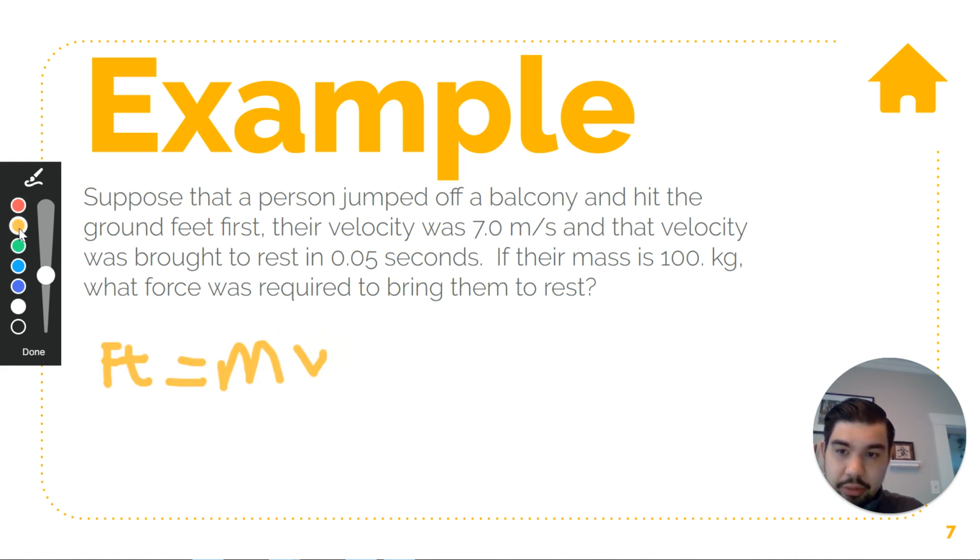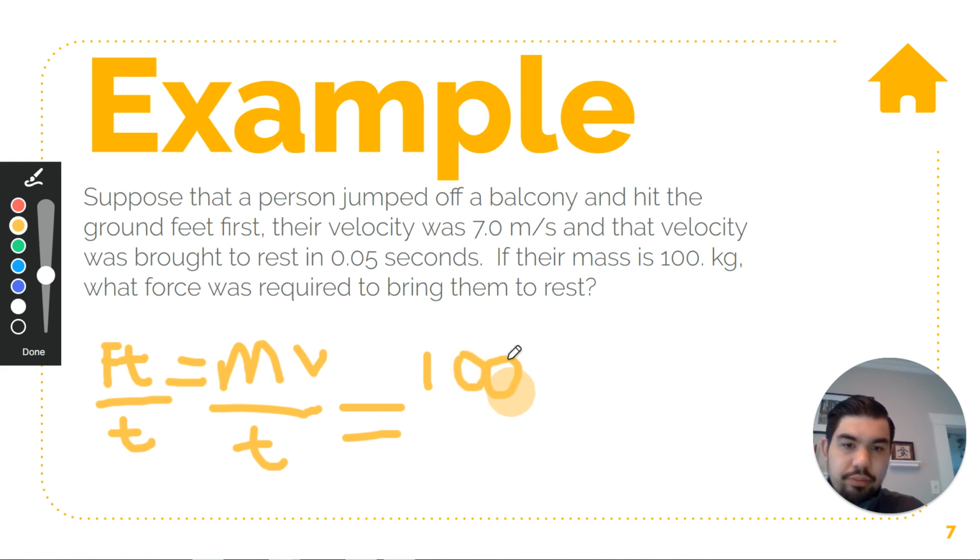And if we're trying to figure out just force by itself, right, we divide both sides by t, which means that we have mass times velocity divided by time. And in this case, we know that the mass is 100. Can multiply that by the velocity, which is 7, and divide that by the time, which is 0.05. All right, so that's how we would set this up.